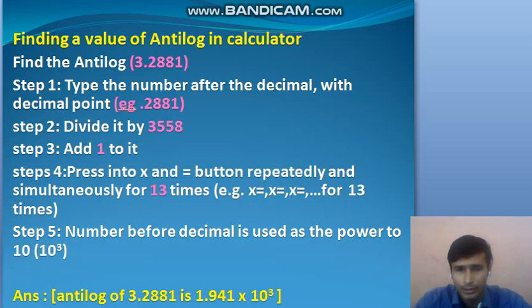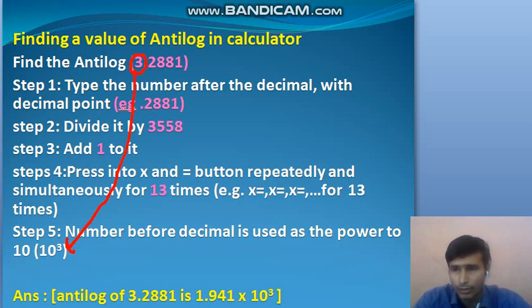0.2881, right? But the digit 3 before the decimal is added lastly as the power of 10. So the last step is that the number before the decimal is used as the power of 10. So this 3 is added like this, 10 raised to 3. If the number is 3, we write 10 raised to 3 as the last step.